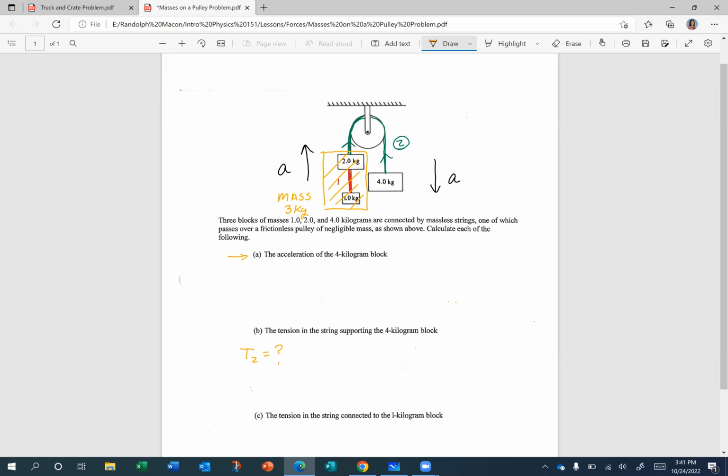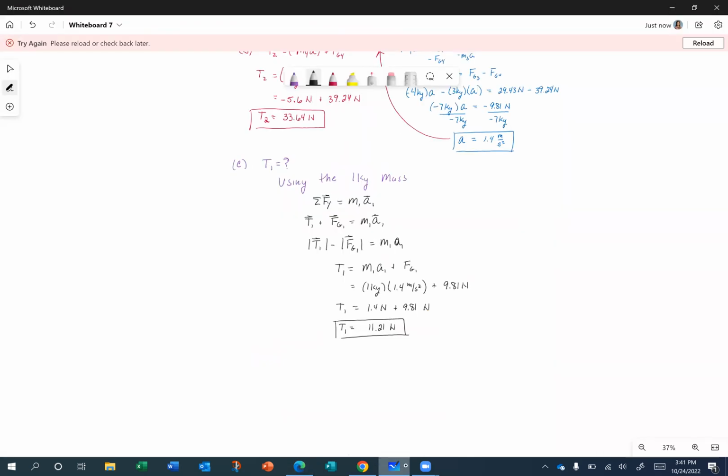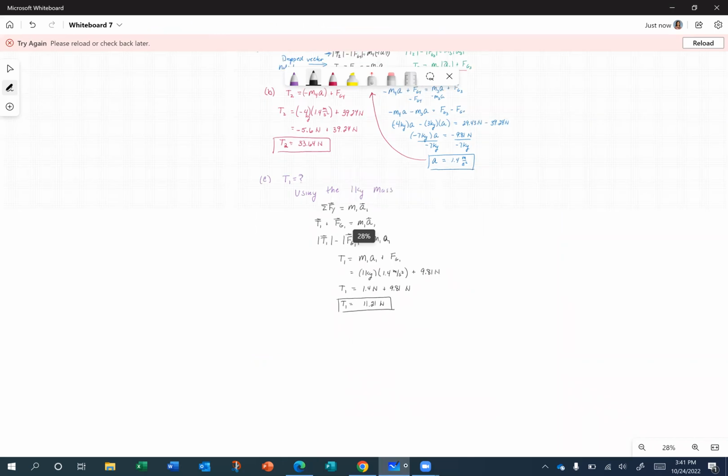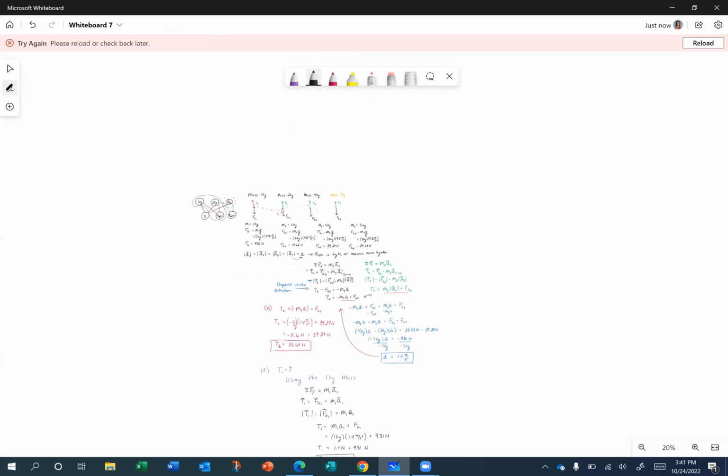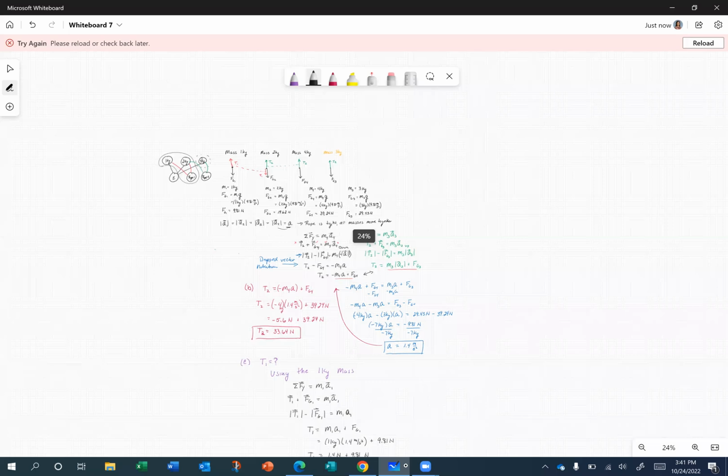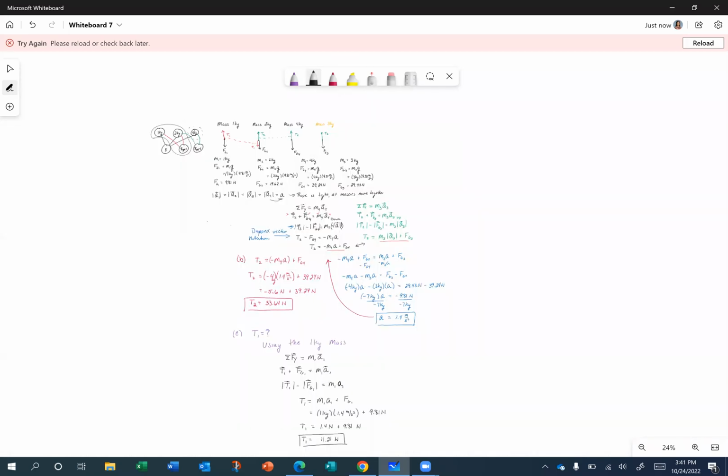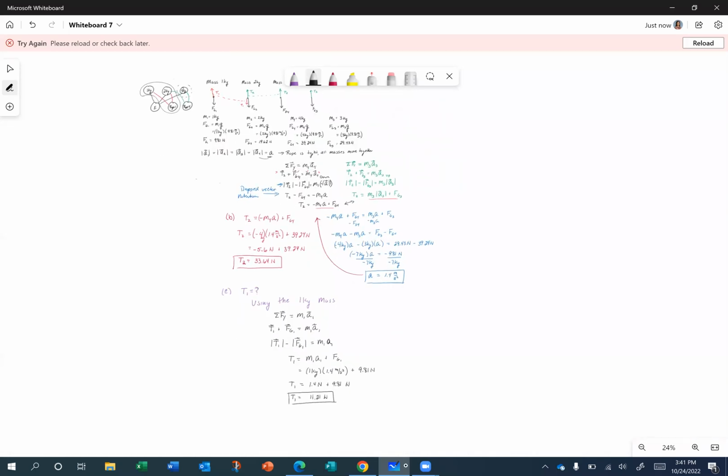But the tension in number 2 is also greater than the weight of all 3 of these, and therefore it begins to rise. Whereas over here, the tension is less than the weight, and therefore it begins to fall. So I'm trying to have that so you can all look at it in one spot. That's the solution to the mass problem.